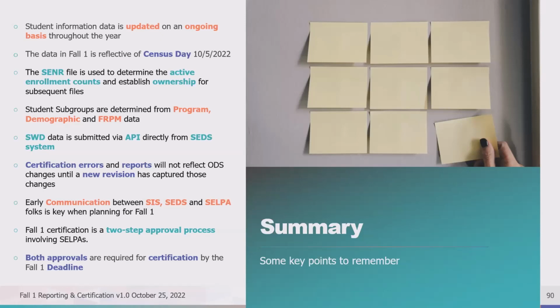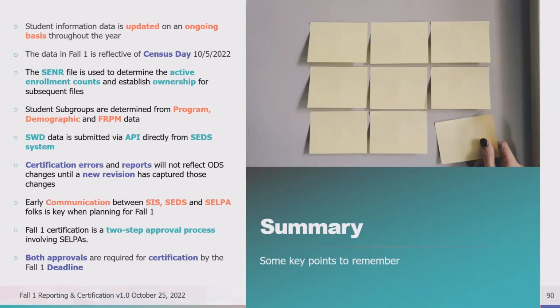So you have less of a problem the earlier you can certify. I know right now that's really not enabled, so I feel for you, but just keep that in mind. As you get closer and closer to the deadline, it only gets more and more delayed, that revision being in sync with what you're seeing in the ODS.